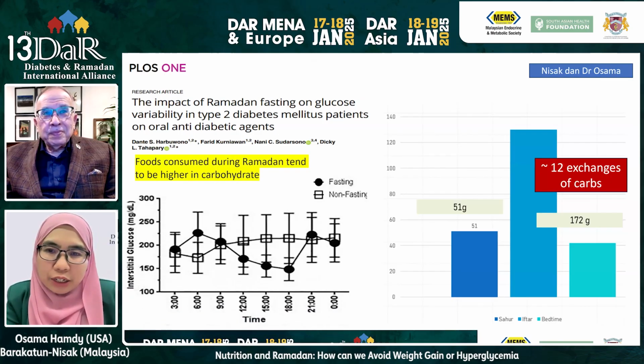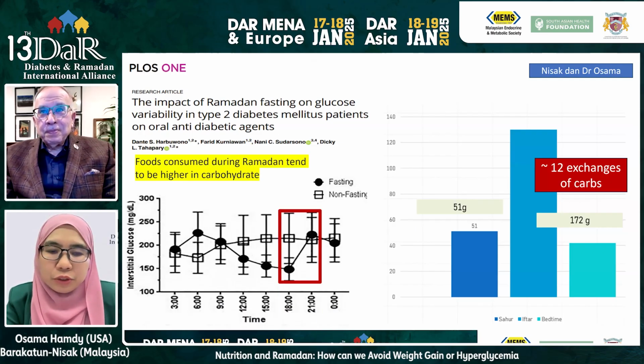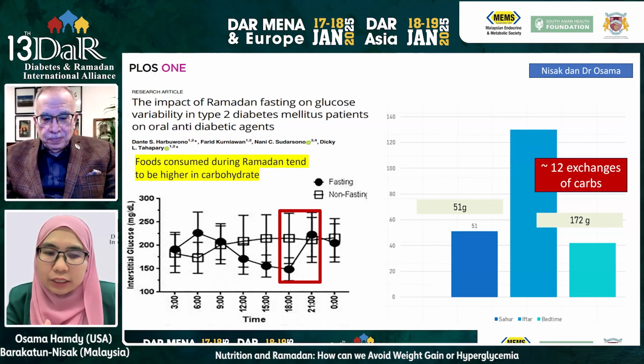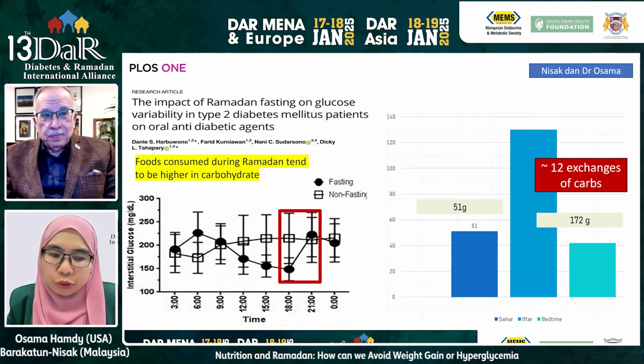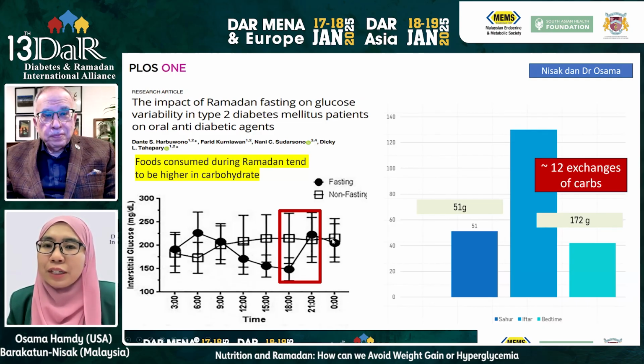So I would like to share with everyone one of the interesting studies among patients with type 2 diabetes in Indonesia. You notice the significant post-iftar glucose spike, which occurs due to high carbohydrate meals commonly consumed during iftar. This spike is followed by a longer period of hyperglycemia, perhaps during bedtime, which I believe, Dr. Hamdi, is very detrimental to our patients' health.